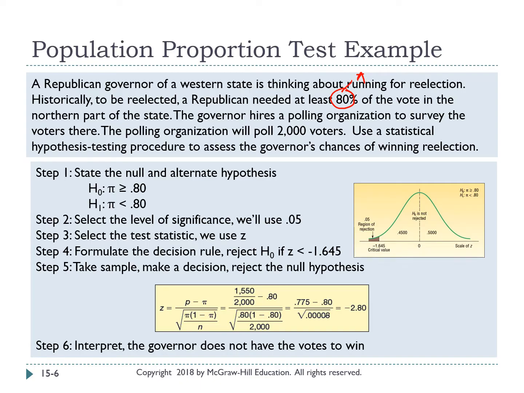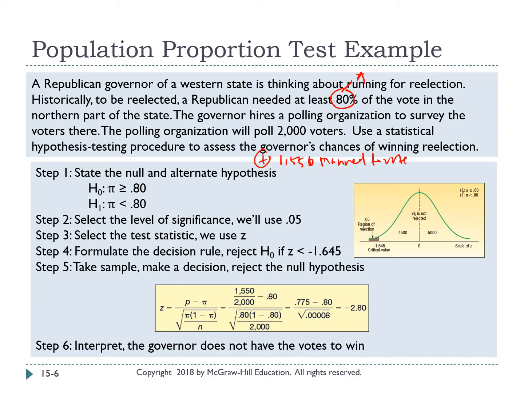The polling organization will poll 2,000 voters. Use a statistical hypothesis testing procedure to assess the governor's chances of winning for the re-election. Okay, in addition to this information, it says that the survey showed that 1,550 people planned to vote. So 1,550 planned to vote.